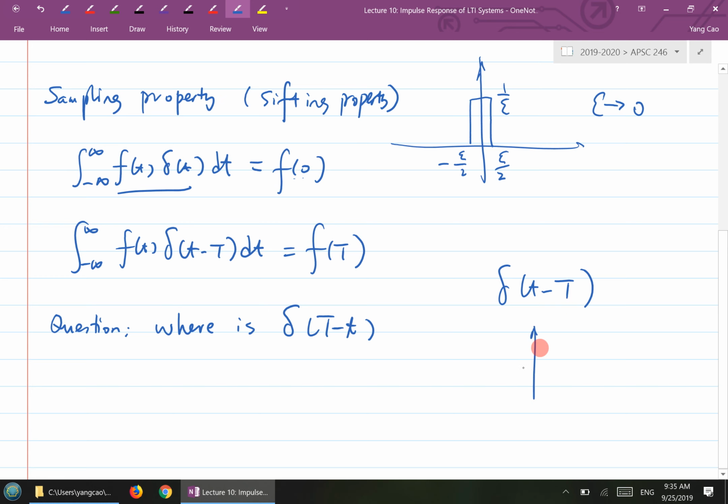Yeah. So this one will be at this. But what about this? Where would this delta capital T minus T be? So yeah, this is a reflected version of this, right? But what's the relationship between these two?